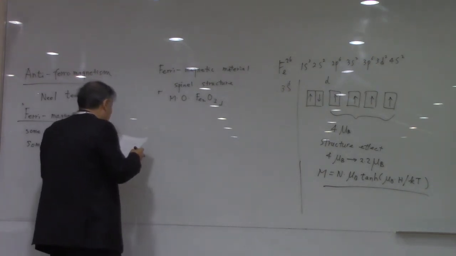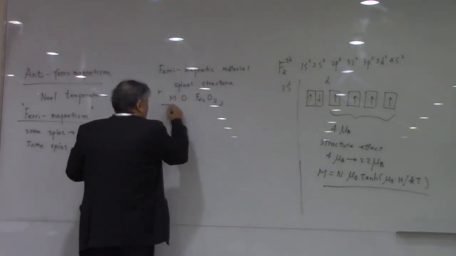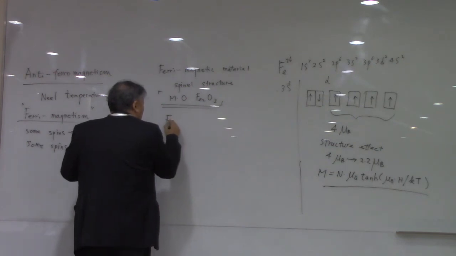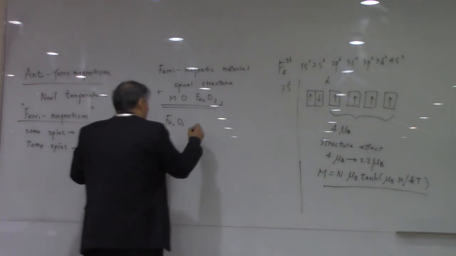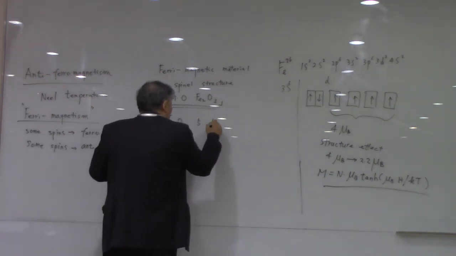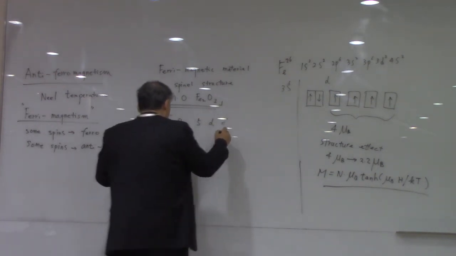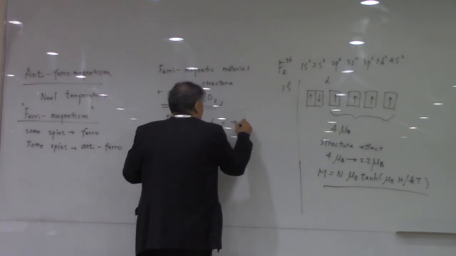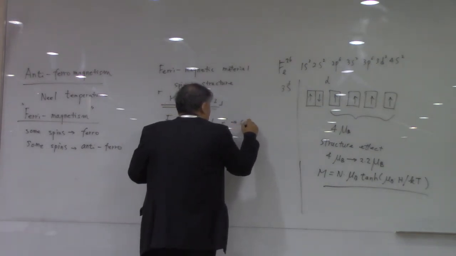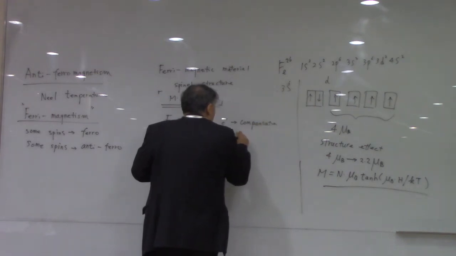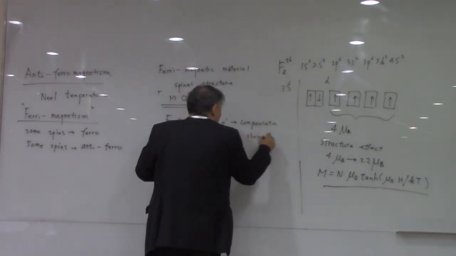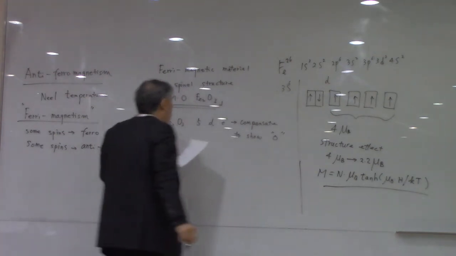And in this case, Fe2O3, the 5 d shell electrons are going to compensate to show zero magnetic moment.